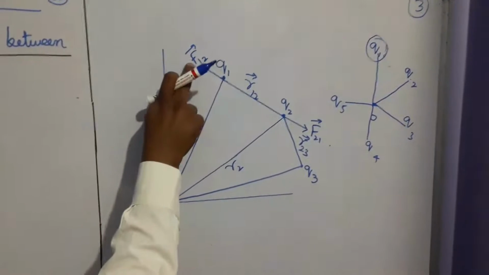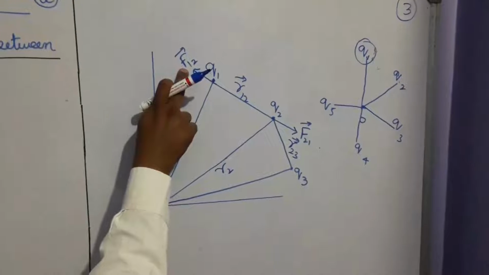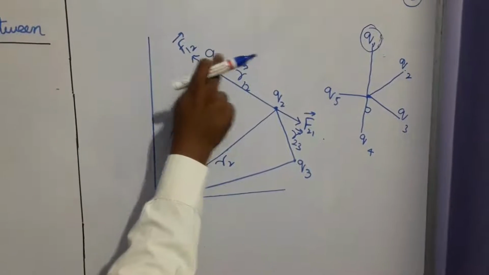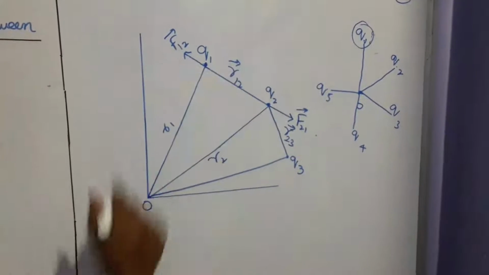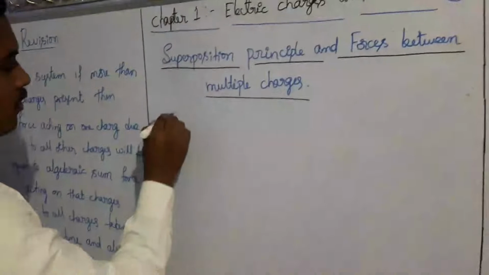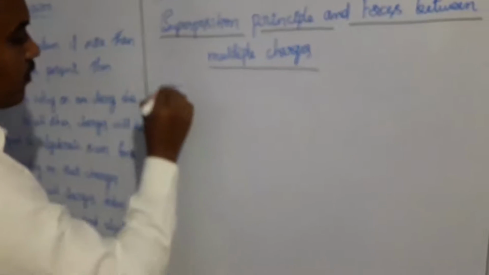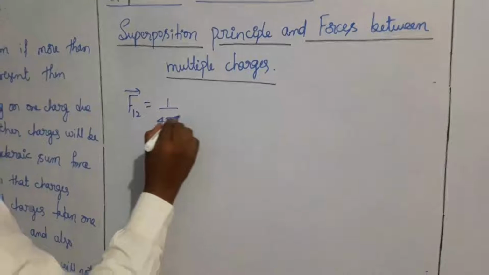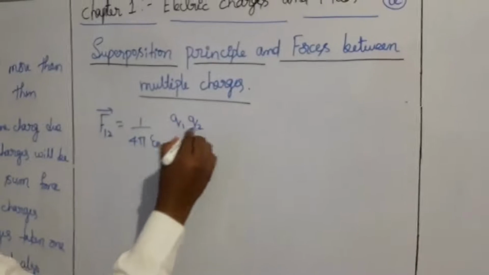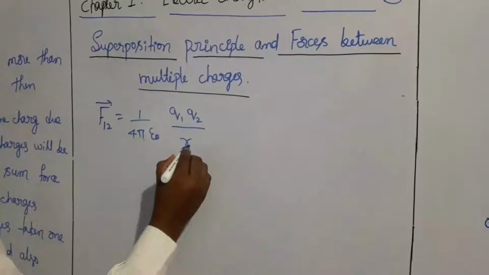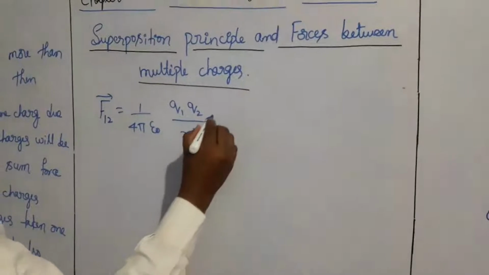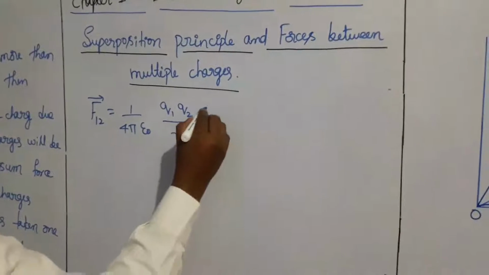This F12 is the force acting on Q1 due to Q2. How will you write it? By using Coulomb's law, F12 will be 1 by 4 pi epsilon naught Q1 Q2 by R12 square R12 cap.